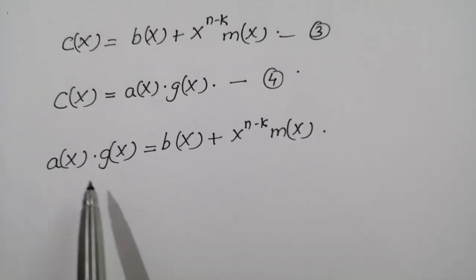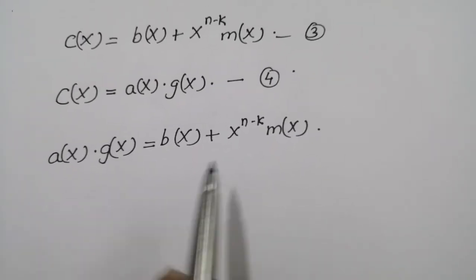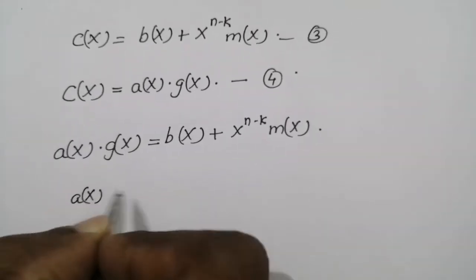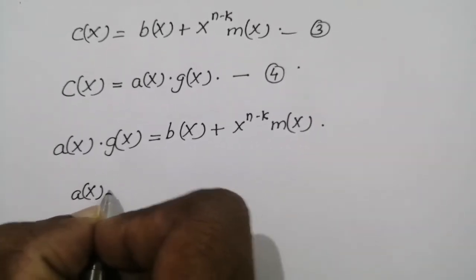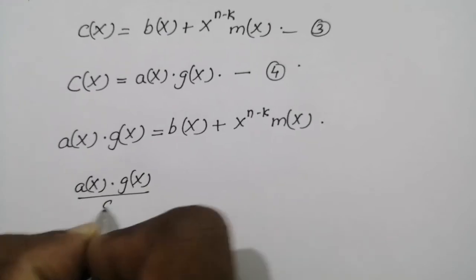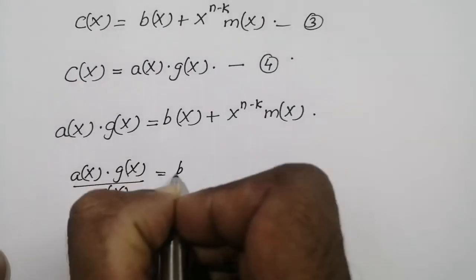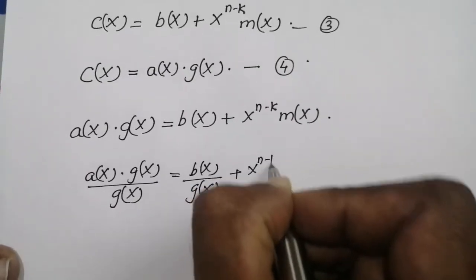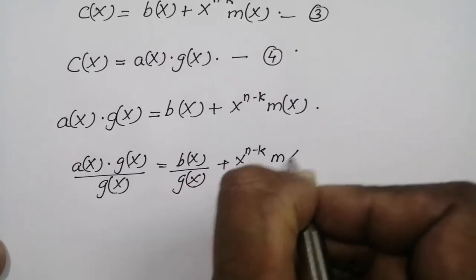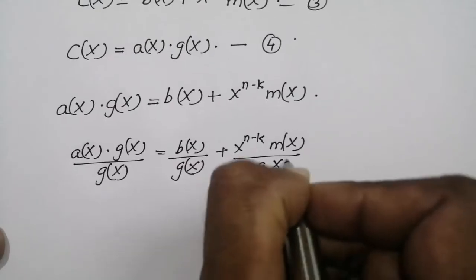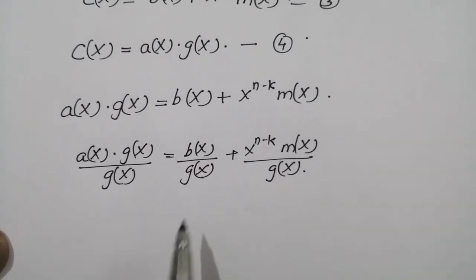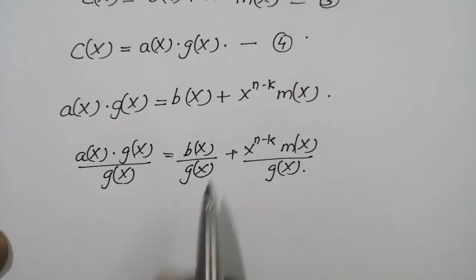Now I am dividing this equation by g of x on both sides. That is, a of x into g of x by g of x equal to b of x by g of x plus x raised to n minus k m of x by g of x. In the light of modulo 2 addition, we know that subtraction is the same as addition.